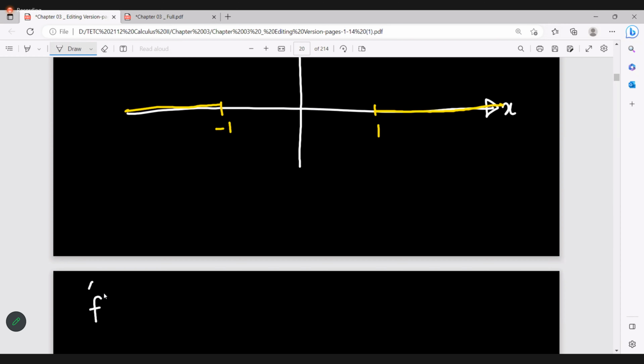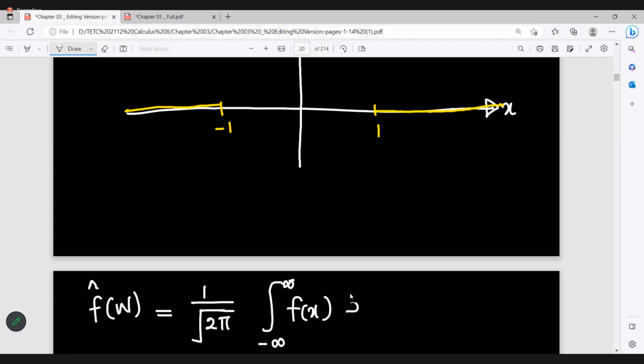Fourier transform of the function means f hat w is equals to 1 over square root of 2 pi integral from minus infinity to infinity f of x e to the power minus iwx dx.